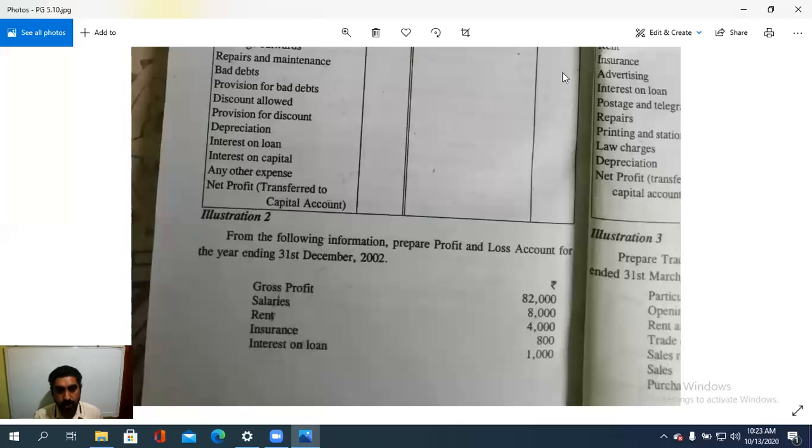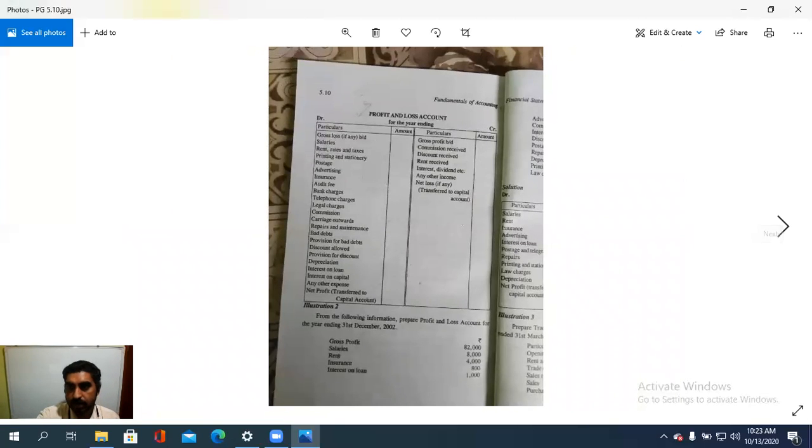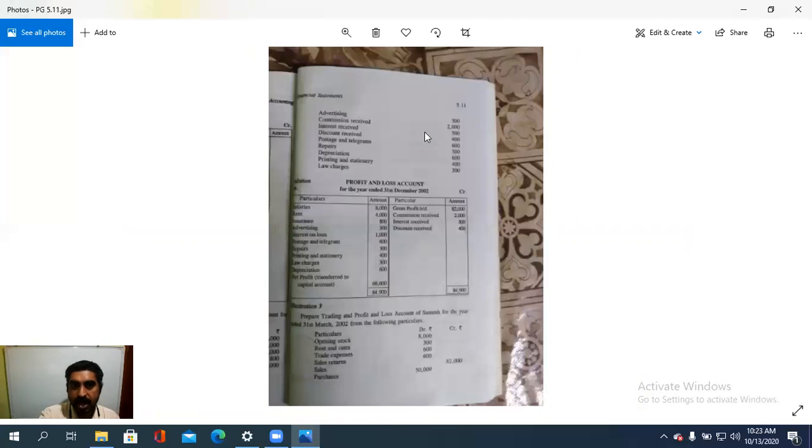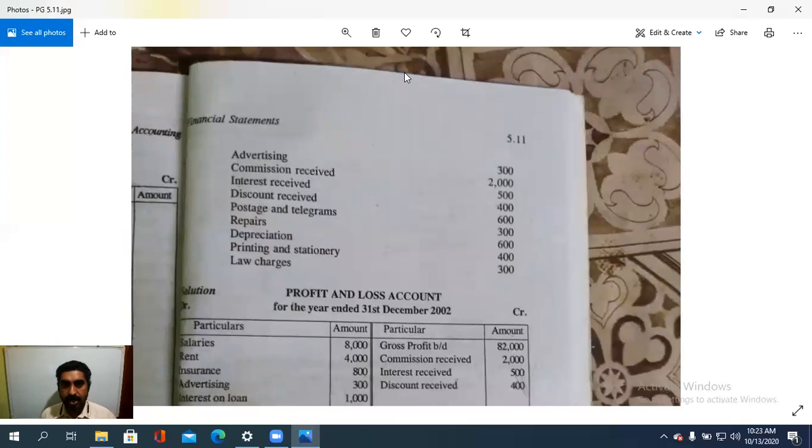Gross profit 82,000, salary 8,000, rent 4,000, then insurance 800, interest on loan 1,000, then advertising 300, commission received 2,000, interest received 500, discount received 400, postage and telegram 600, repairs 300, depreciation 600, printing and stationery, loan charges 400 and 300 respectively.